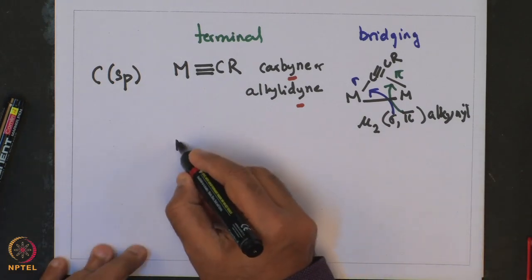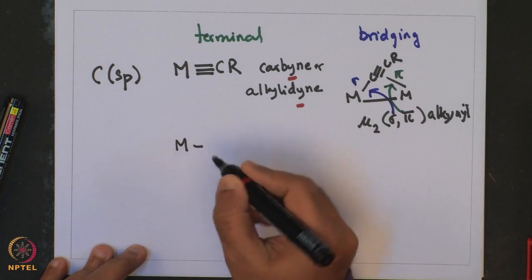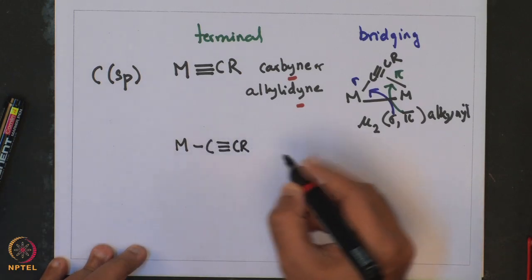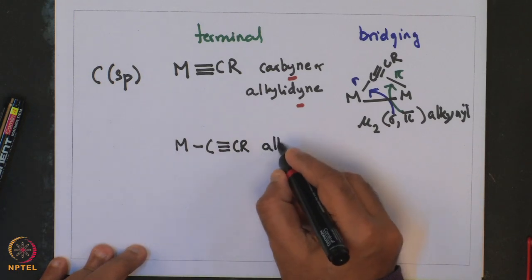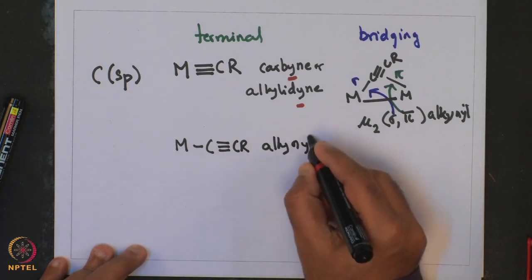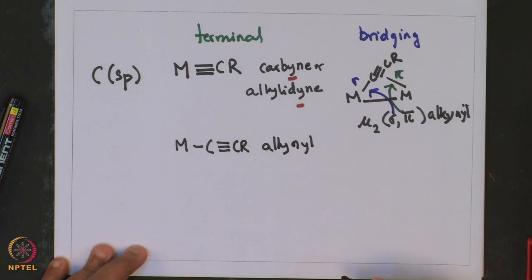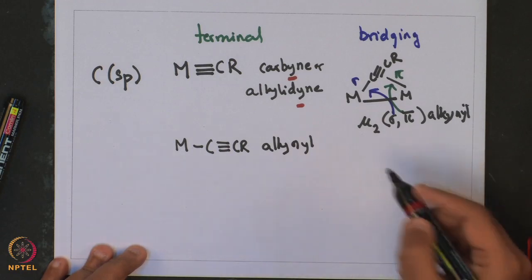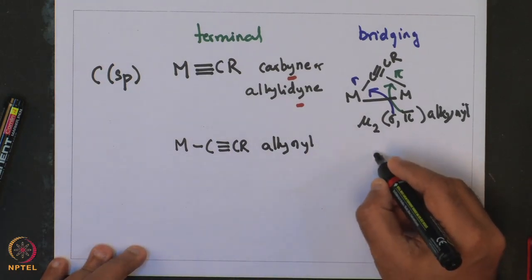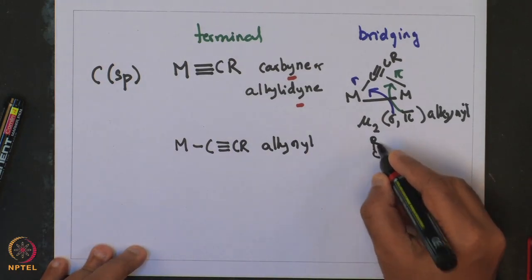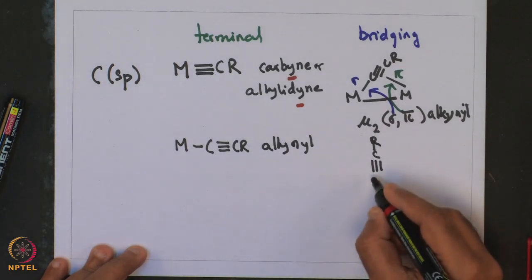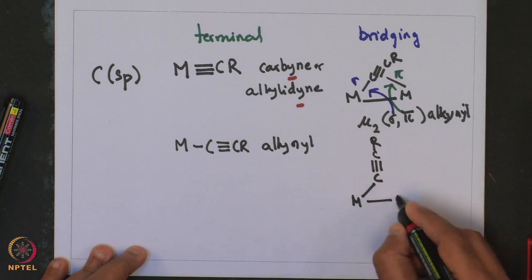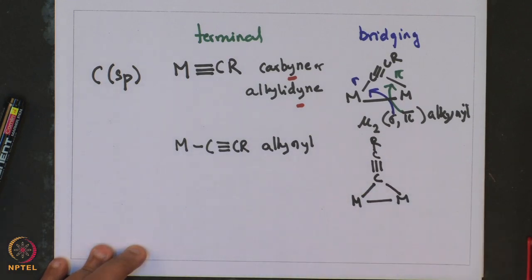Like metal alkyl, there can be another type of CCR, and these are called alkynyl. Metal alkynyl can also be terminal as shown over here and can also be bridging, as is shown over here.